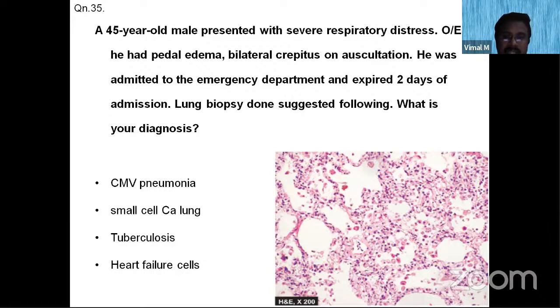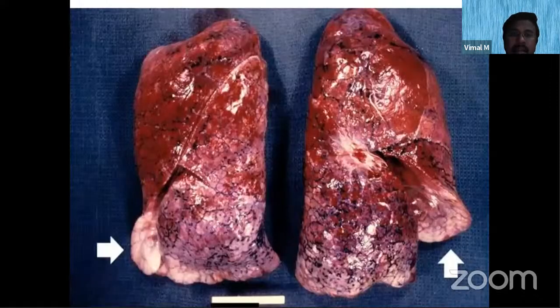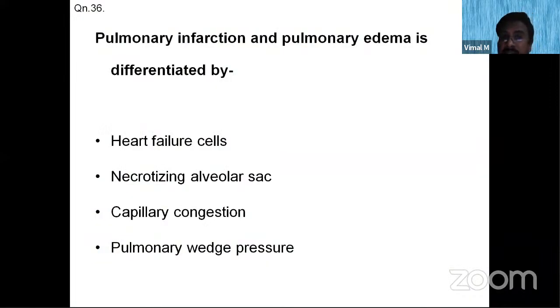Lung biopsy suggested the following. What is your diagnosis? Cytomegalovirus pneumonia, small cell carcinoma lung, tuberculosis, and heart failure cells. They have shown a histological picture. So what you can see in this picture, and before that we'll be seeing another MCQ.